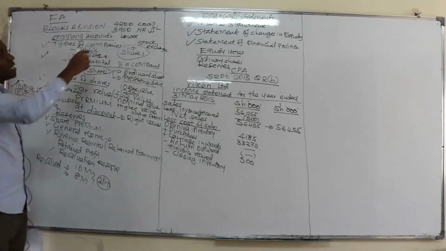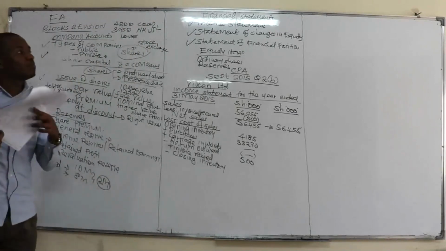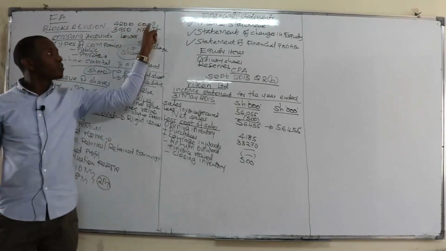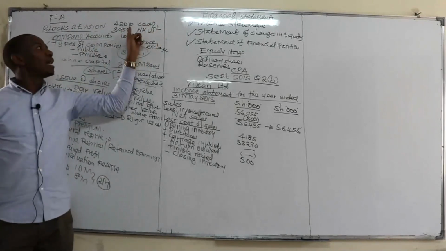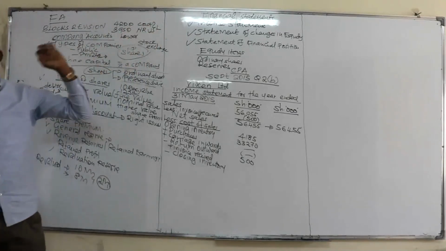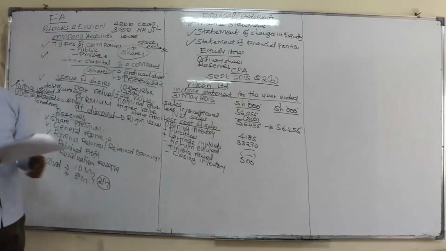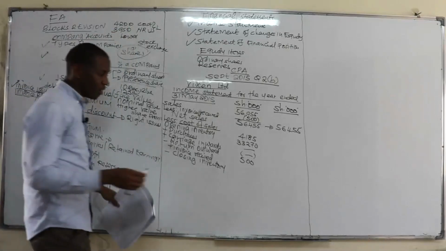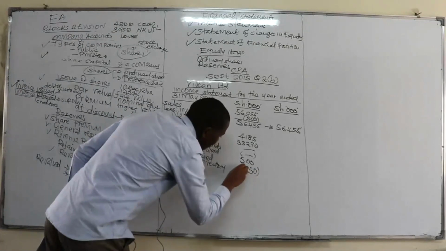I will repeat again. The closing stock or inventory in this case will be valued at the lower of cost and net realizable value. Whichever is lower is what you will take as the closing inventory. And in our case, the net realizable value is the lower. So in that case, I will minus that 950.